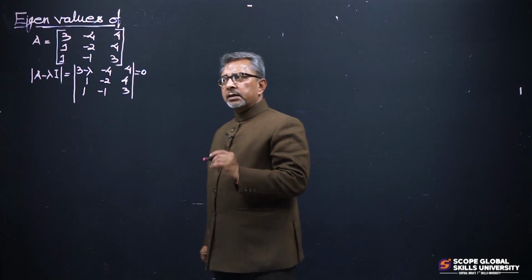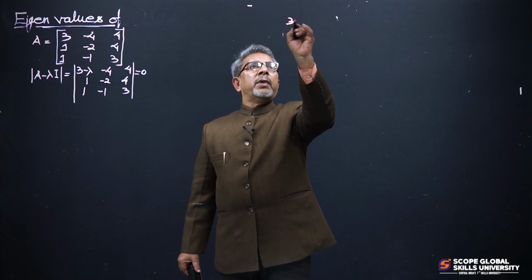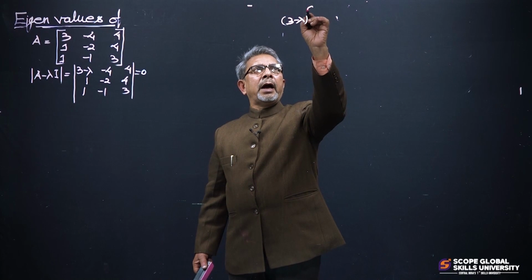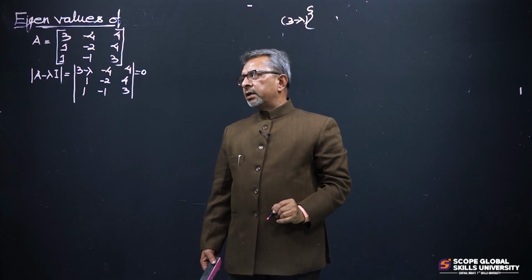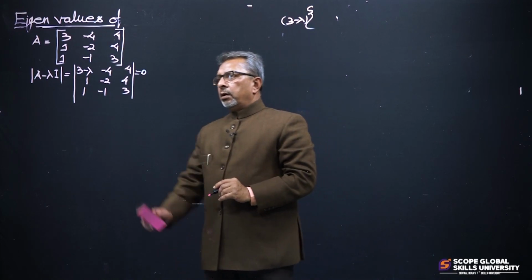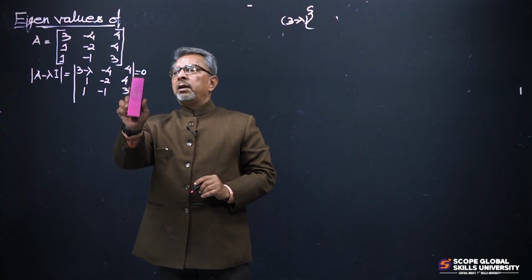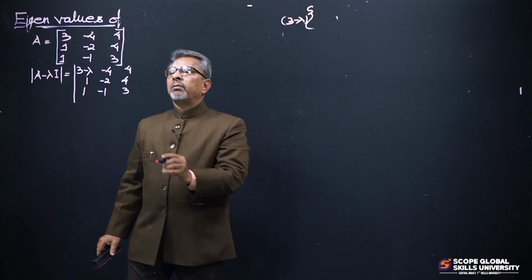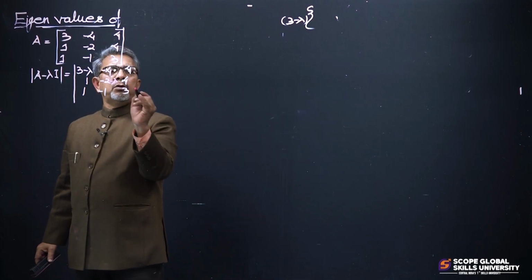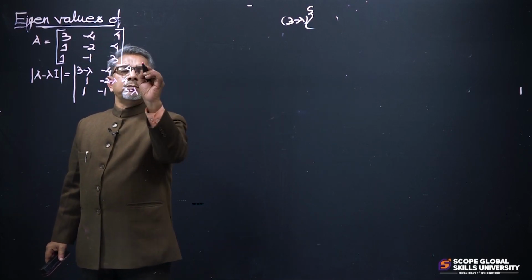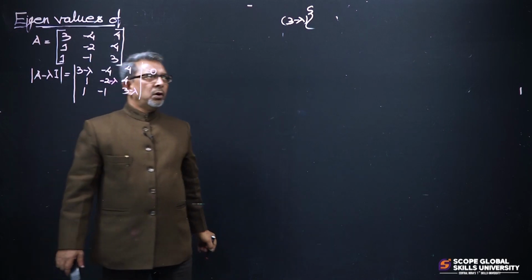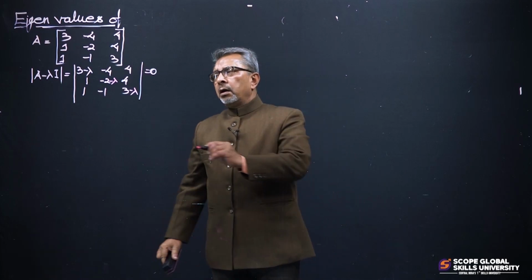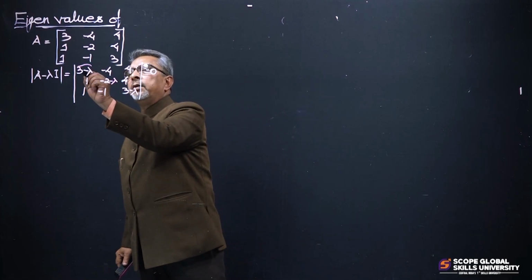For this, let us consider 3 minus lambda to be multiplied by the elements of minus 2 minus lambda, 3 minus lambda, is equal to 0.